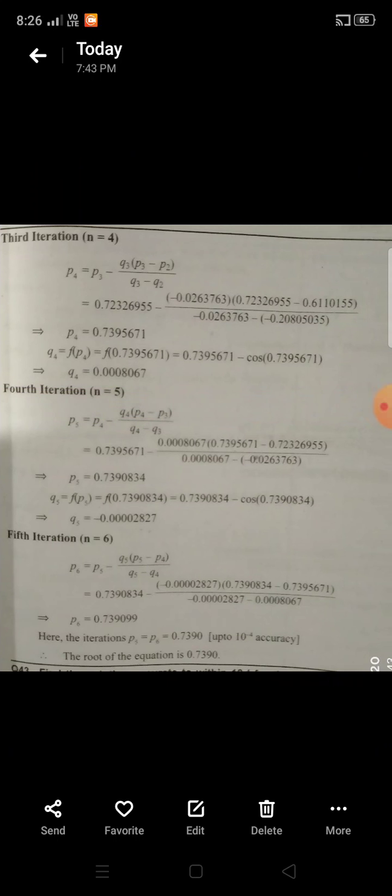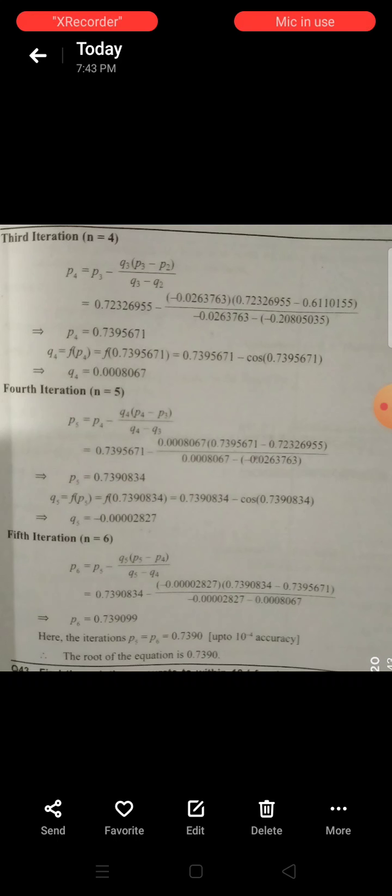Iteration 4. P4 is equal to P3 minus Q3 into P3 minus P2 by Q3 minus Q2. Substitute Q2, Q3, P3, P2 values in above.